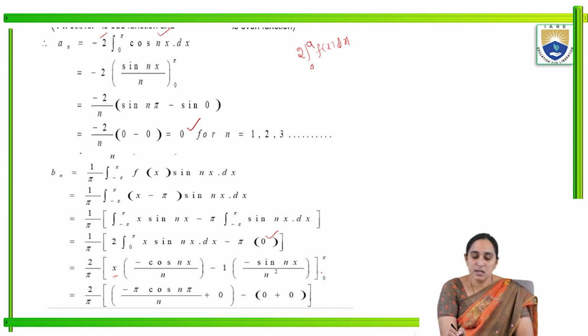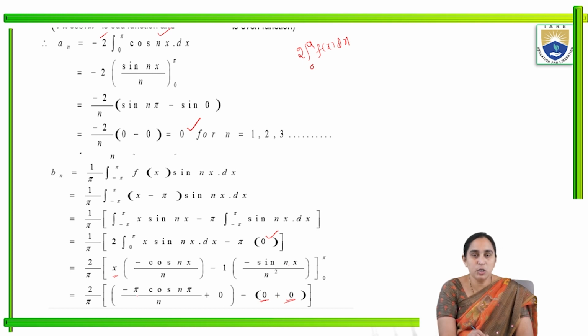Then substitute the limit points 0 to pi, that is 2 by pi into minus pi cos n pi by n plus 0 minus. Already I discussed, if sine terms are there within the limits 0 to pi, then sin n pi value is 0 and sin 0 value is 0.